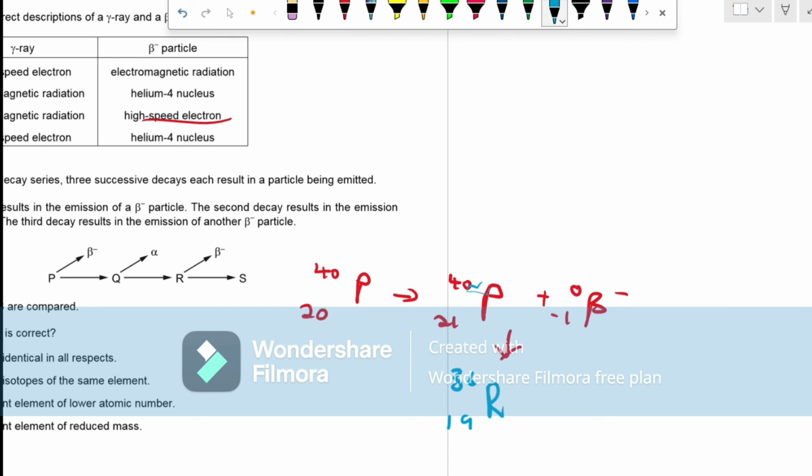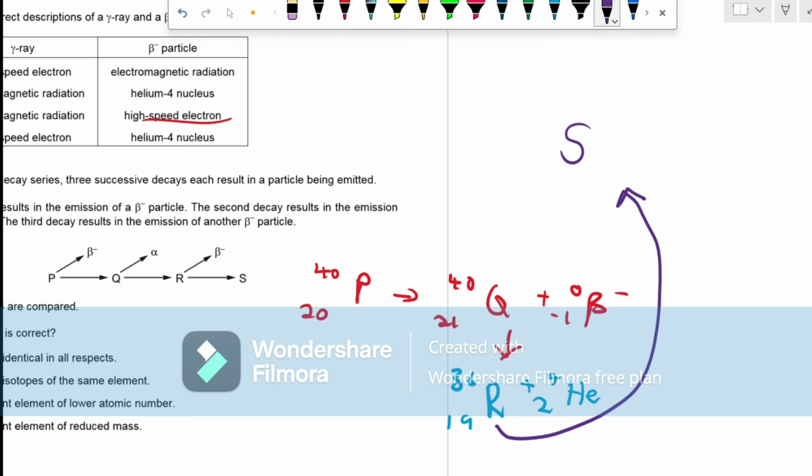And this was Q. So it decayed and formed Q. So Q decays and forms R. Then it releases a helium nucleus, and then that R is going to decay and form S, but it's now going to be 20. Then this is going to be 36 plus 0, -1, and beta negative, right?